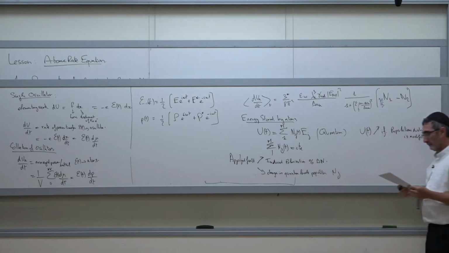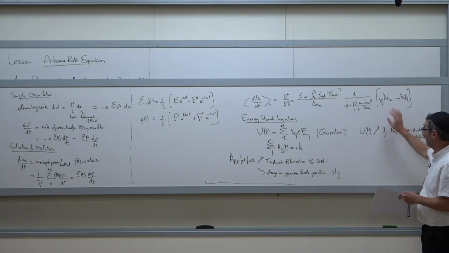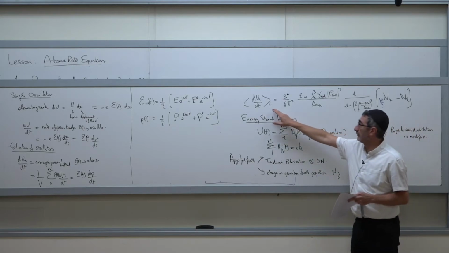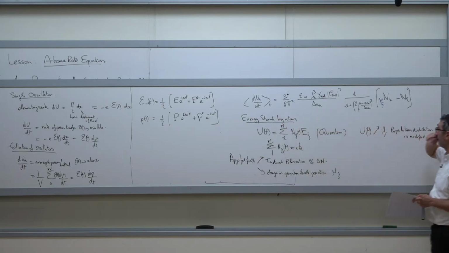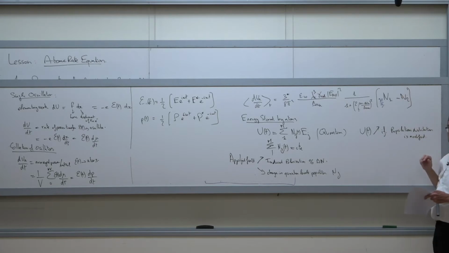Anyway, if you write it like that, then we can rewrite the power transferred here on average over time into two terms. One term will be in front of n1 minus a constant times n2. So that will remind you something.